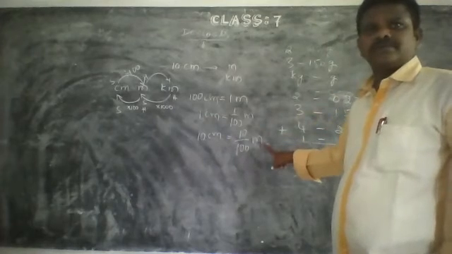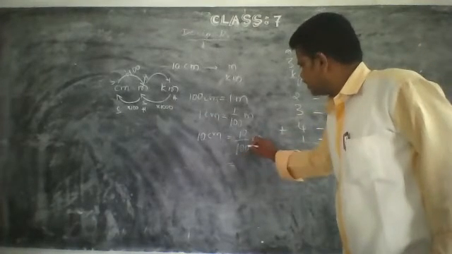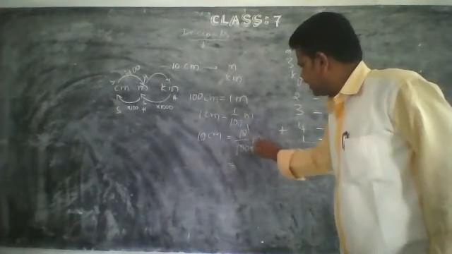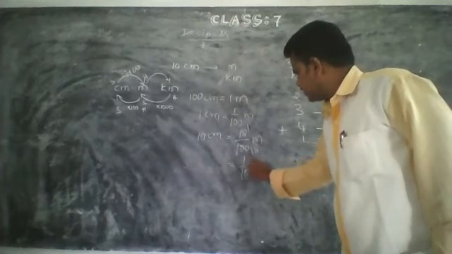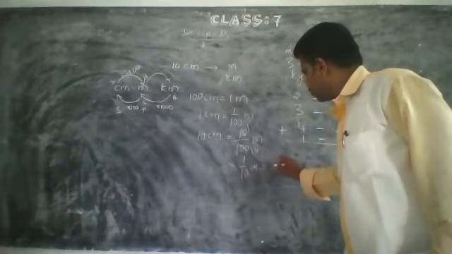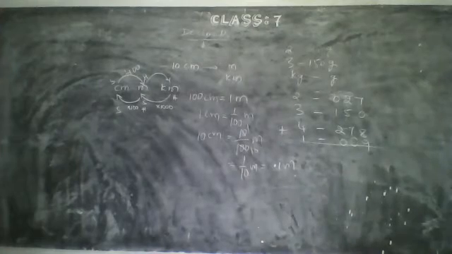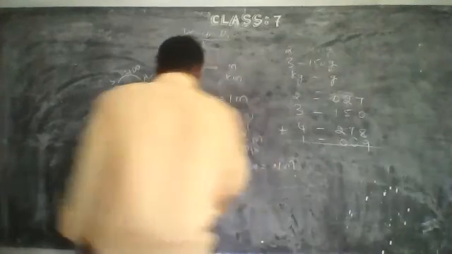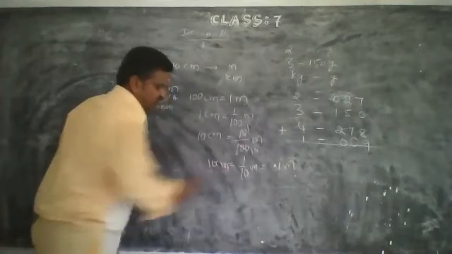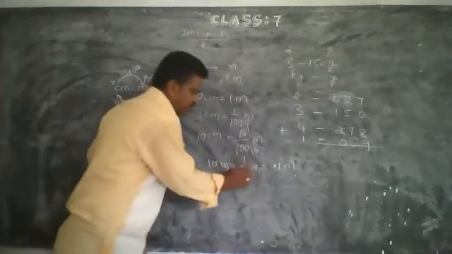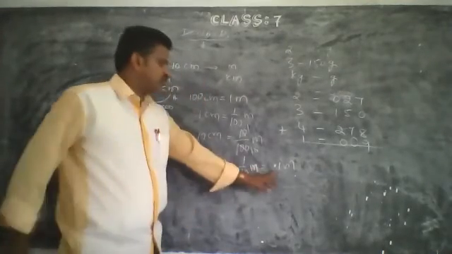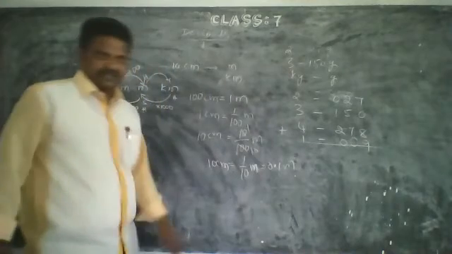10/100th meter. So if I convert this, 10 ones, 10 tens, it is 1/10 meter, that equals 0.1 meter. 0.1 meter is equal to 10 centimeters. 10 centimeters is equal to 1/10 meter, 1 part of a meter, that equals 0.1 meters.